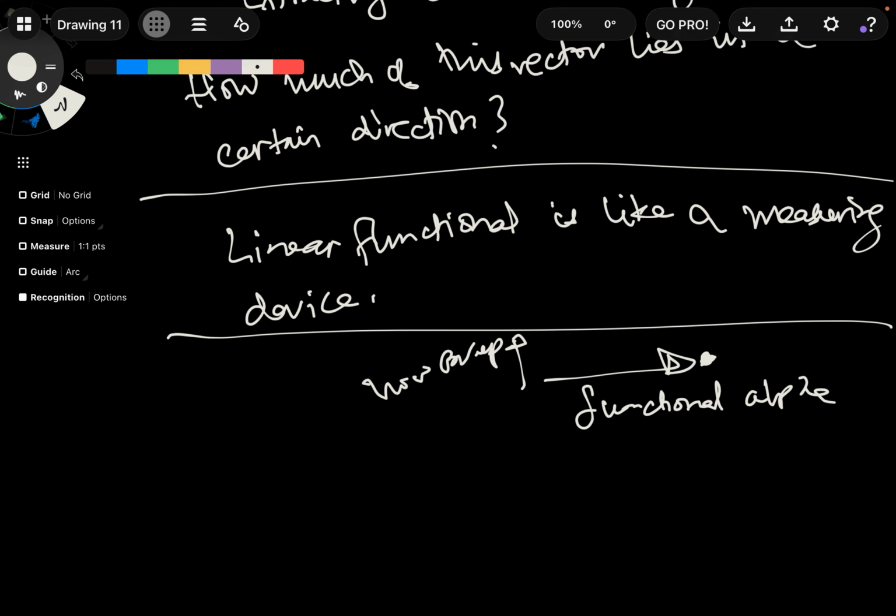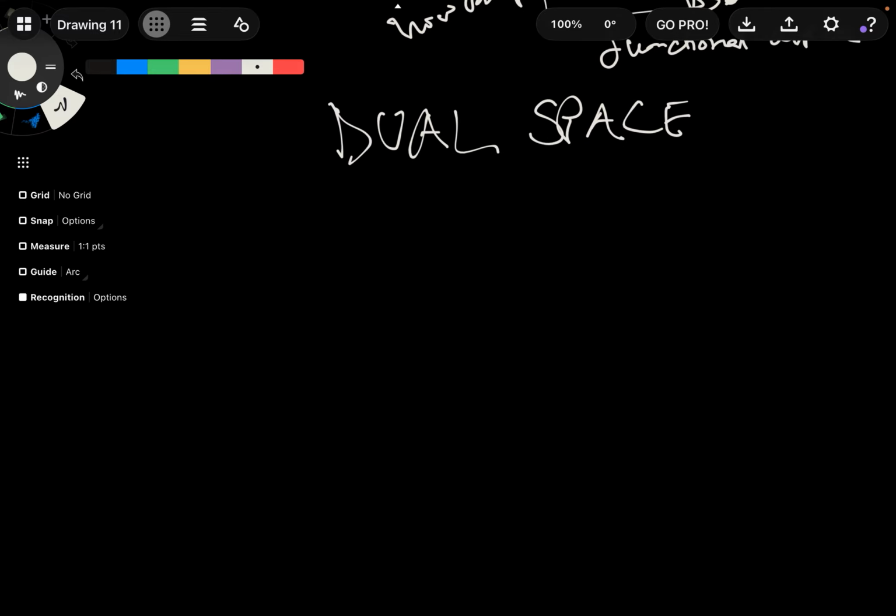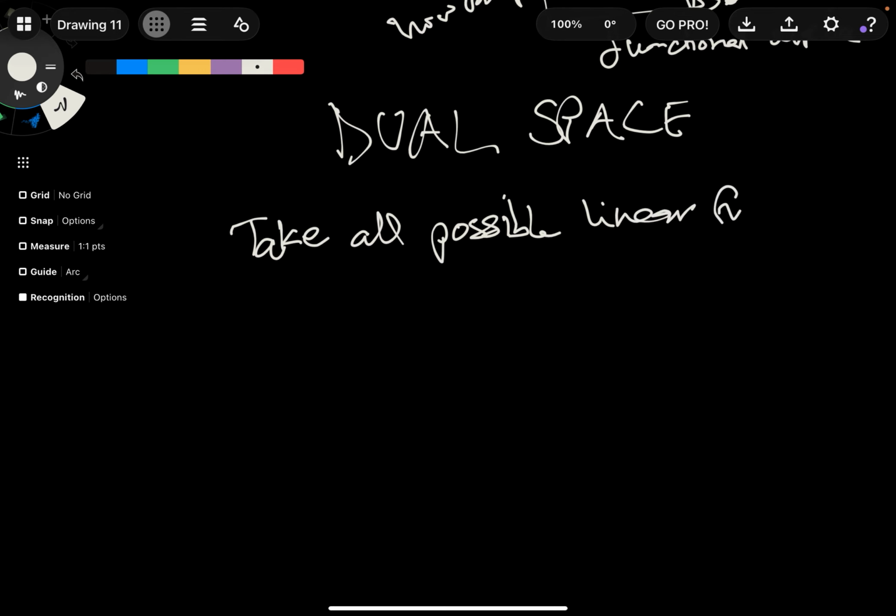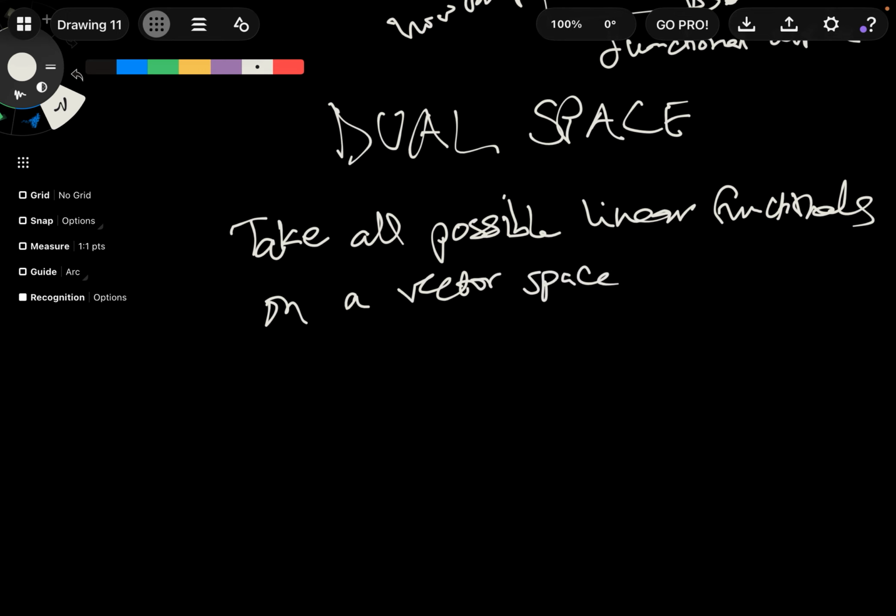And so this brings us to the idea of the dual space. What is a dual space? If you take all the possible linear functionals on a vector space, what is this? Just pause for a moment and think, what am I leading up to?